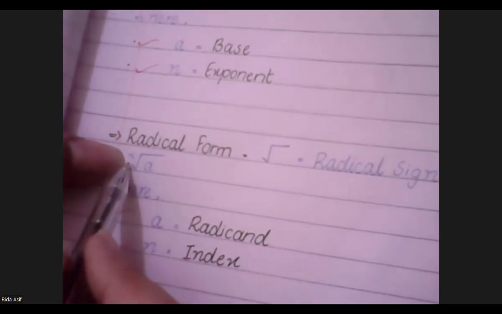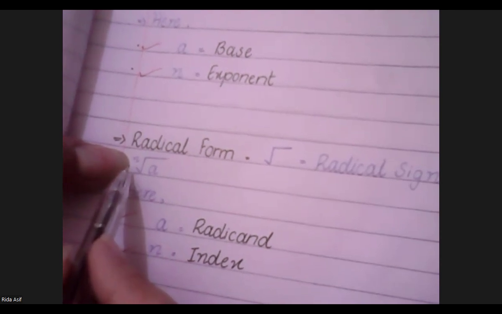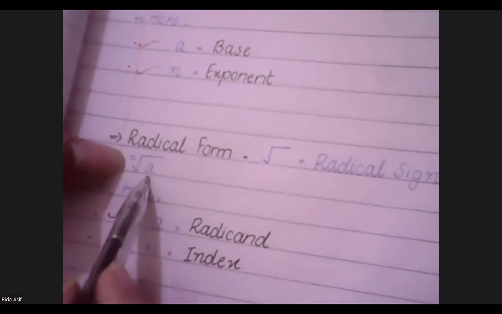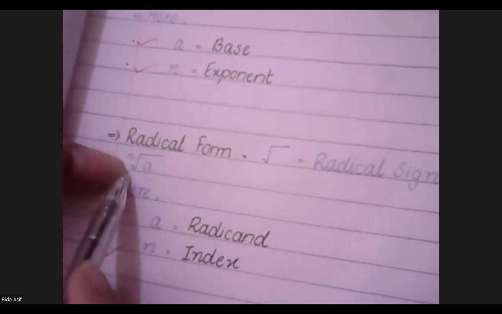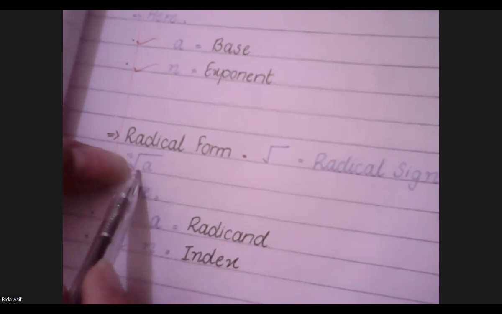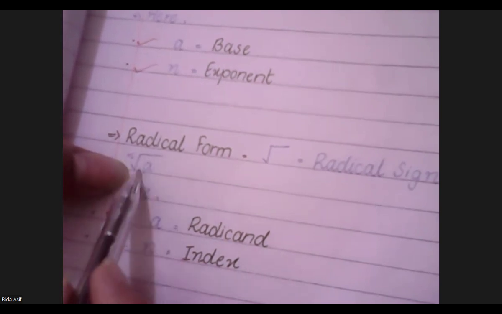Here you can see that n is written over here, right? So here a is any variable, and this is your radical sign.